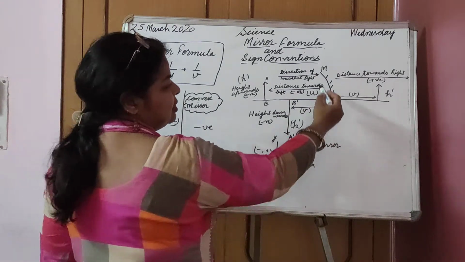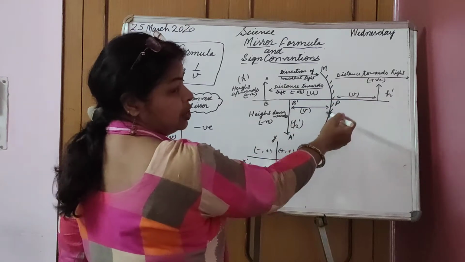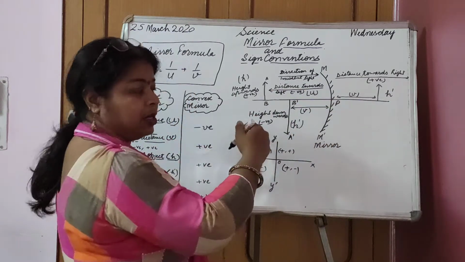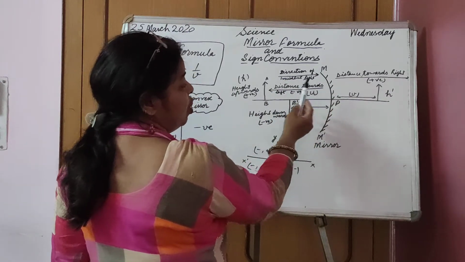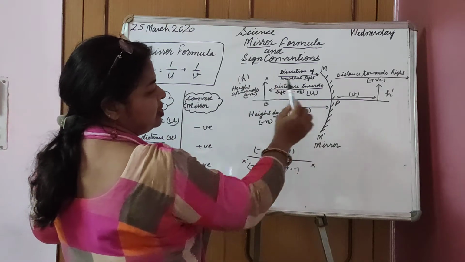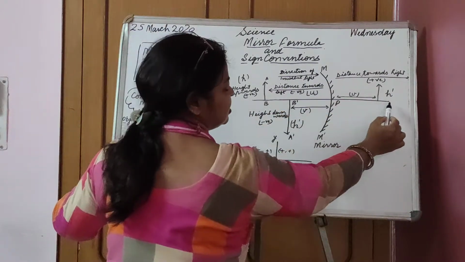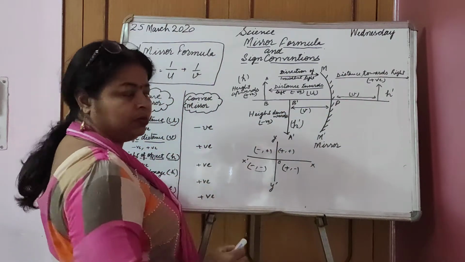Now, this is our mirror. We are taking it as the shaded, reflecting, polished part. Now, always the object is kept on this side. Imagine the mirror is the y-axis and the principal axis is the x-axis.